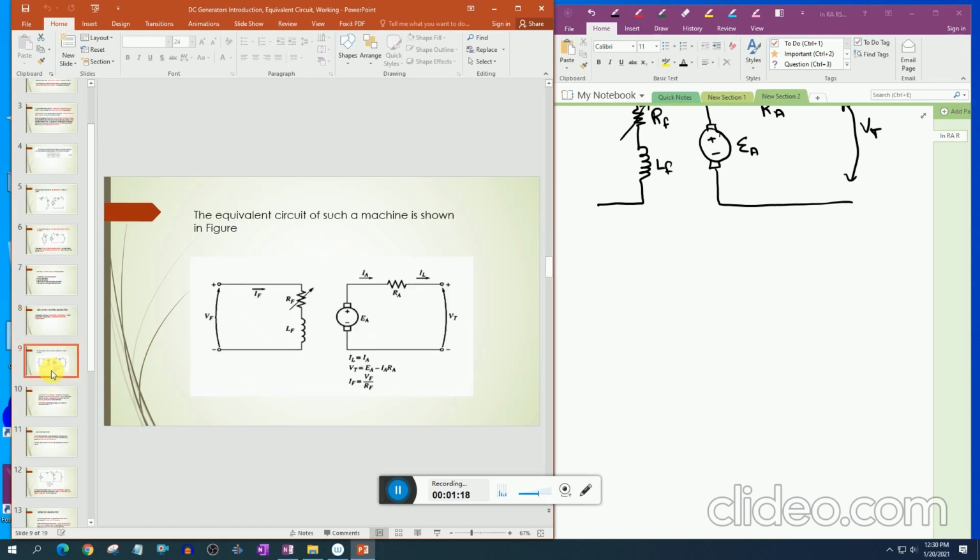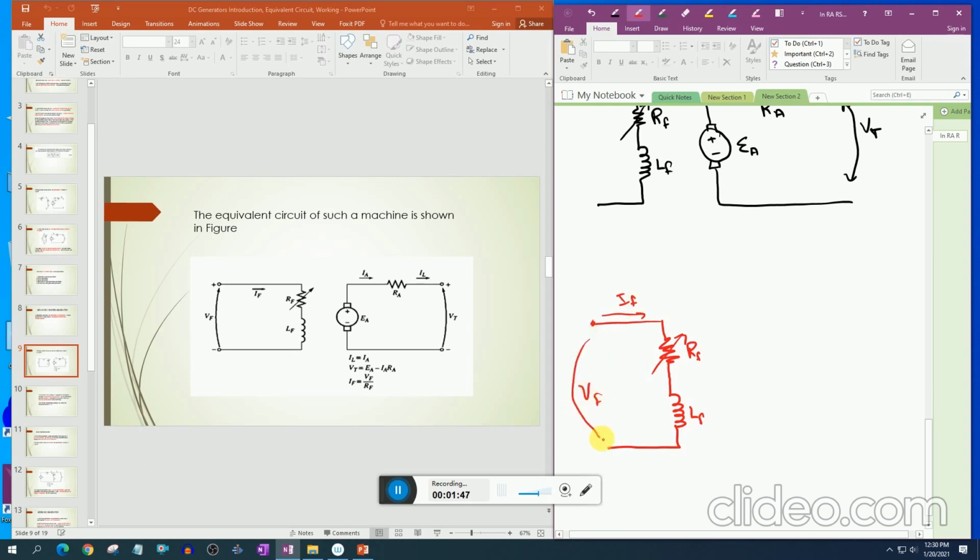So the equivalent circuit of the separately excited DC generator is given as, same as we drew before. This is RF, this is LF, this is the field current, and this is VF, which is supplied from the external DC source.